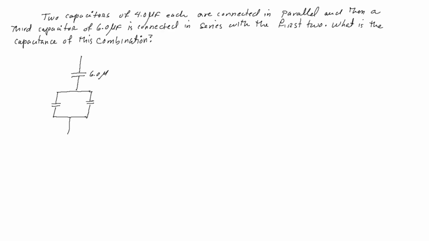And then here you have the two capacitors of 4.0 microfarads. Let's call this capacitor capacitor 1, this capacitor capacitor 2, and let's say that this capacitor is the capacitor 3. So capacitor 1 and capacitor 2 in this case are in parallel.